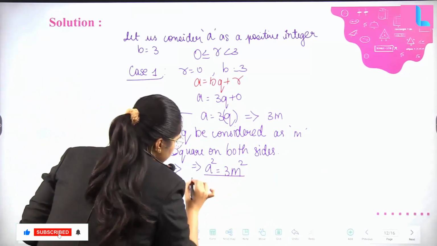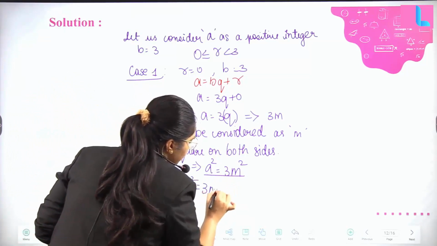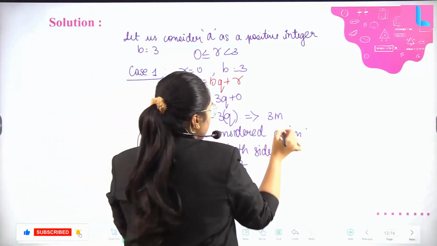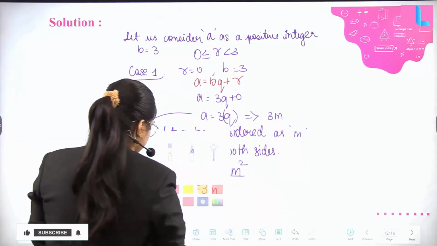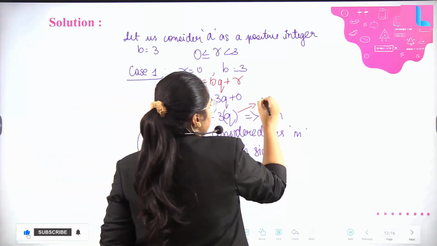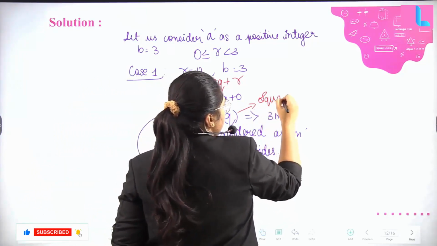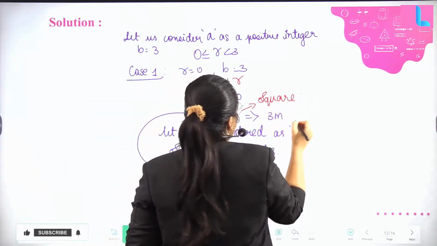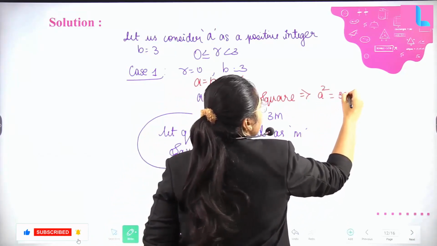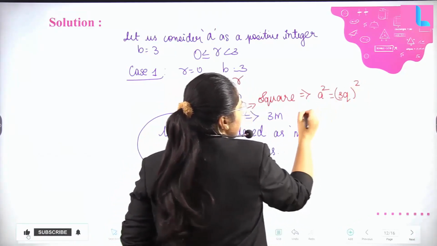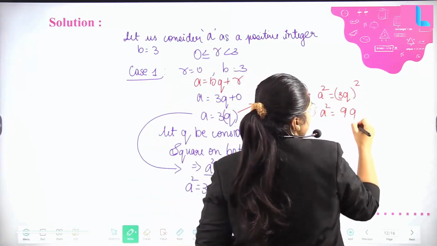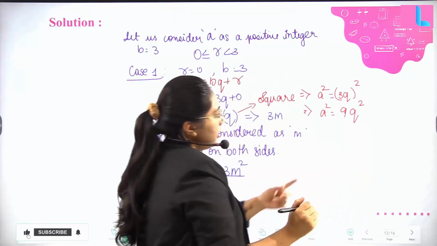All we have to get is a square is equal to 3m. Here you have to square it over here only. When you square this, you'll get a square is equal to 3q the whole square. This becomes a square is equal to 3 square is 9 and q square is q square.